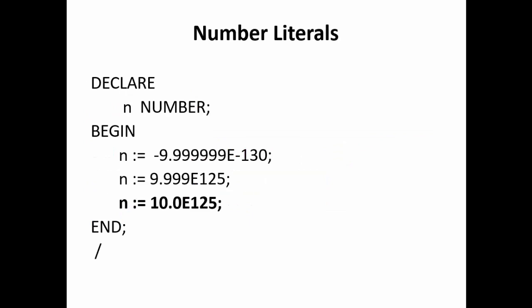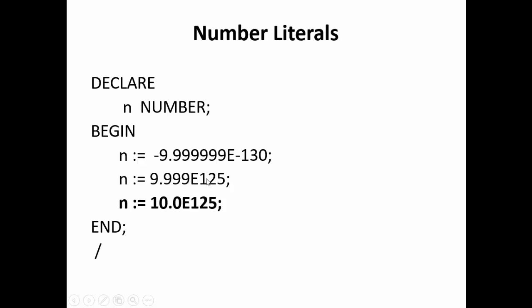So for example, take number literals. DECLARE n is a variable, and its data type is NUMBER. In the BEGIN section I assign the value n := -9.9999e-130, in E notation, I have written in this fashion. Similarly, in the next line, n := 9.999e125.